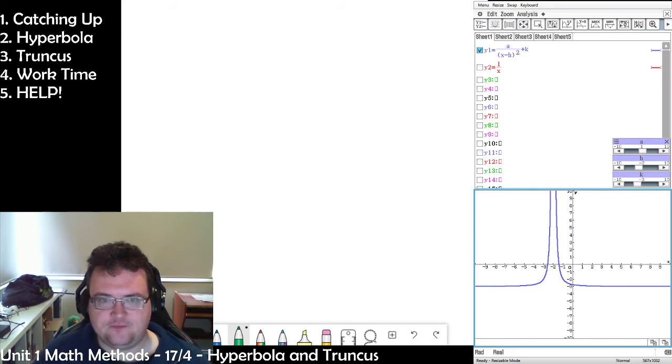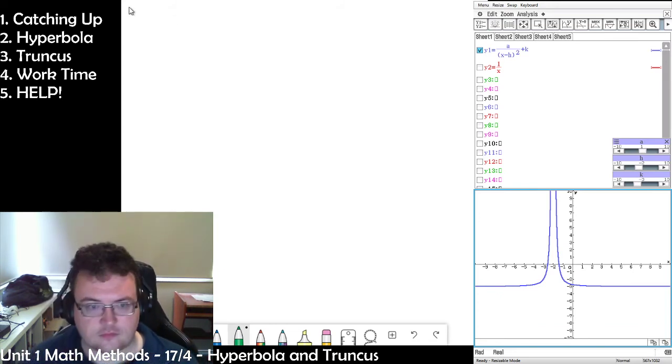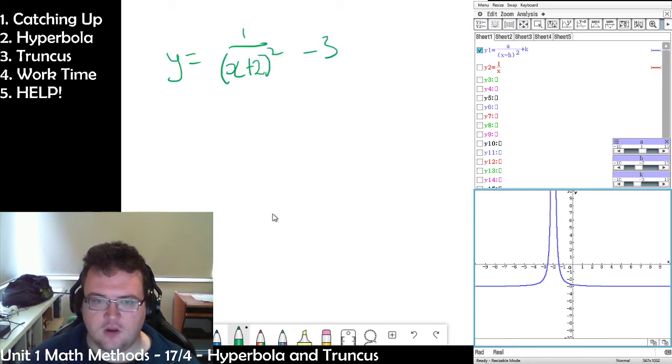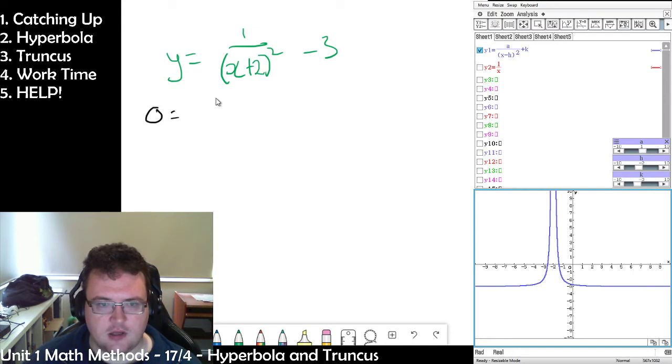So let's actually do this one. y equals 1 over (x plus 2) squared, minus 3. If I want my x-intercept, I remember I have to make y equal 0. So 0 equals 1 over (x plus 2) squared, minus 3.